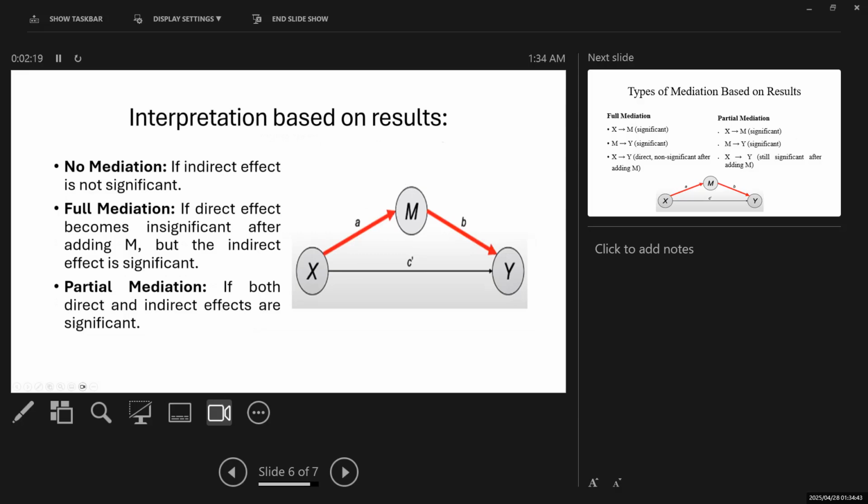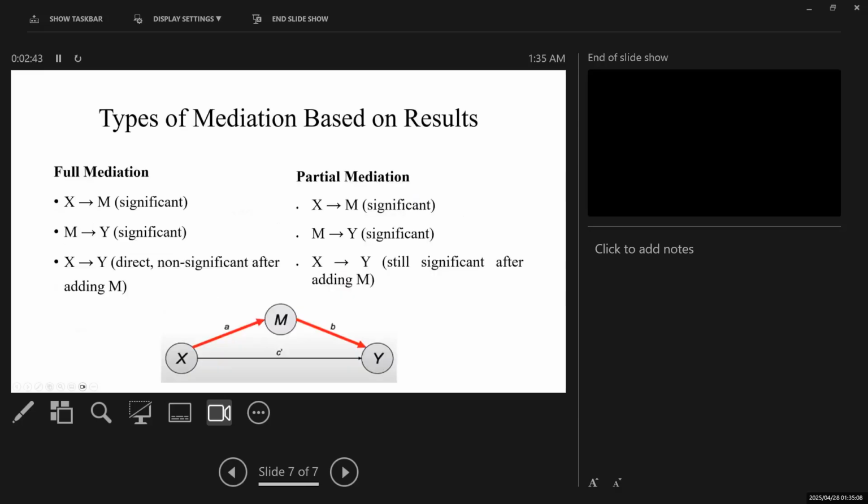Full mediation: if the direct effect is not significant but the indirect effect is significant. And partial mediation: if both direct and indirect effects are significant.